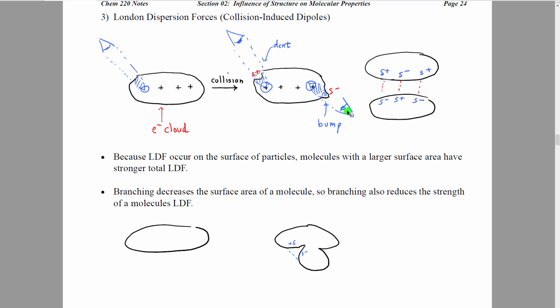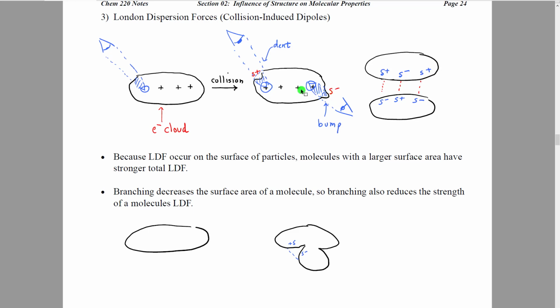Where the bump comes out, we have the opposite effect: the positive charge stayed the same size, but now we have more electrons. So as we're looking in this direction, we see a tiny amount of negative charge.